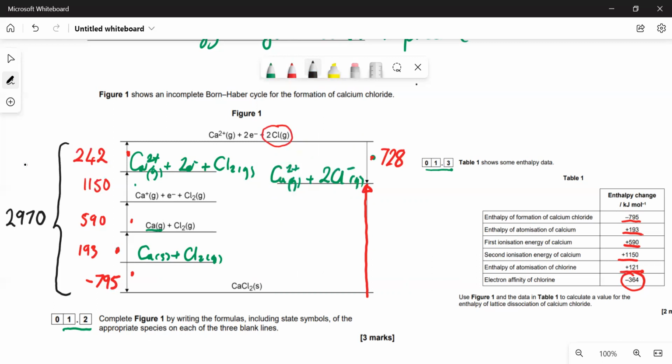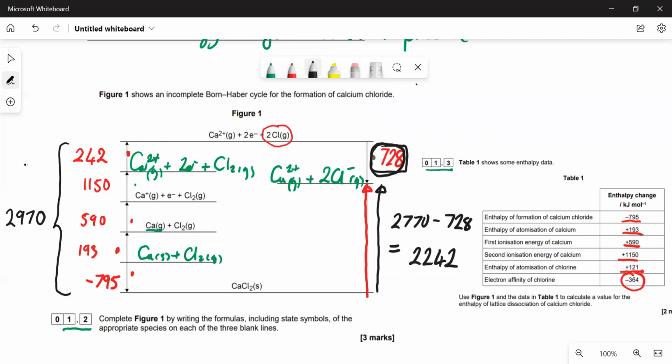And we see we've got 728. So the bit we're interested in, all we've got to do is subtract this 728 from the 2970. So that's 2970 minus 728, and that gives us a value of 2242.